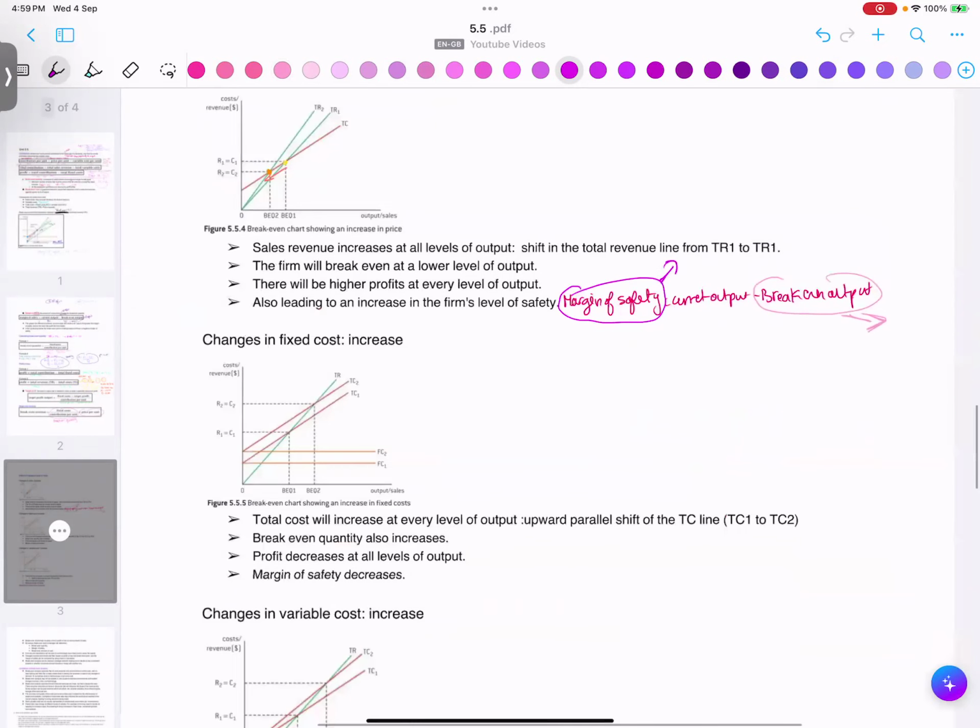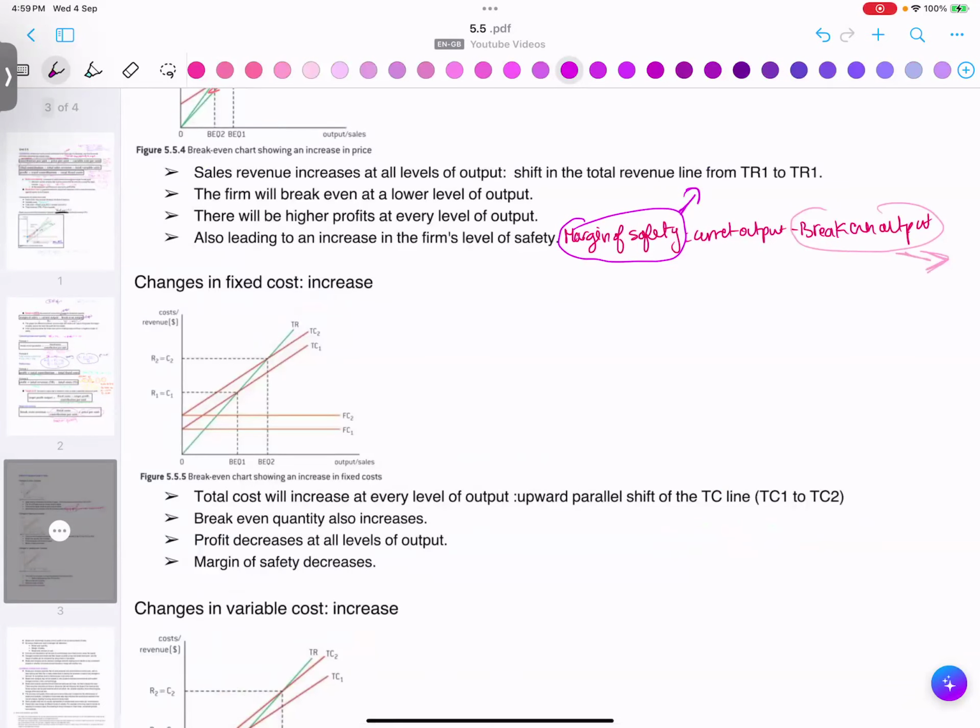Now we have changes in fixed costs. Once fixed costs increase, we directly see that this horizontal line shifts upwards. And what happens when this horizontal line shifts upwards? The total cost will start at a greater cost. Total cost is fixed cost plus variable cost.